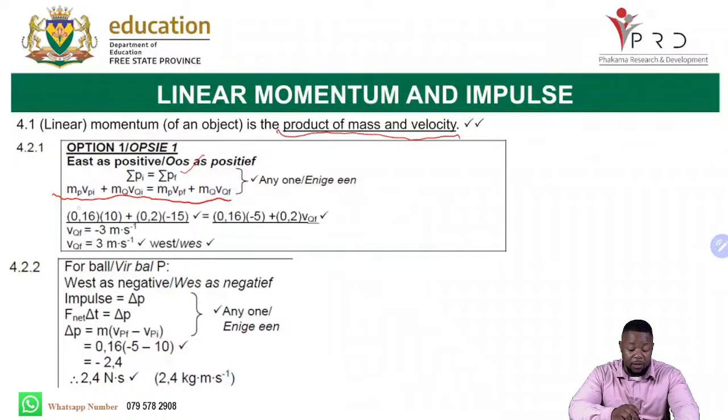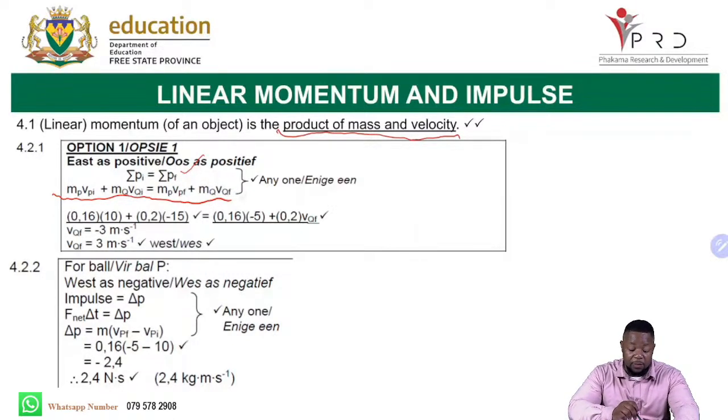The other one can be mass of P times the initial velocity of P plus mass of Q multiplied by the initial velocity of Q is equal to mass of P and the final velocity of P plus mass of Q multiplied by the final velocity of Q.